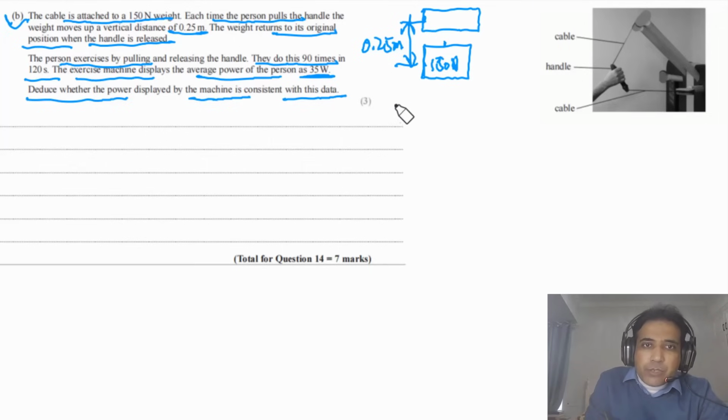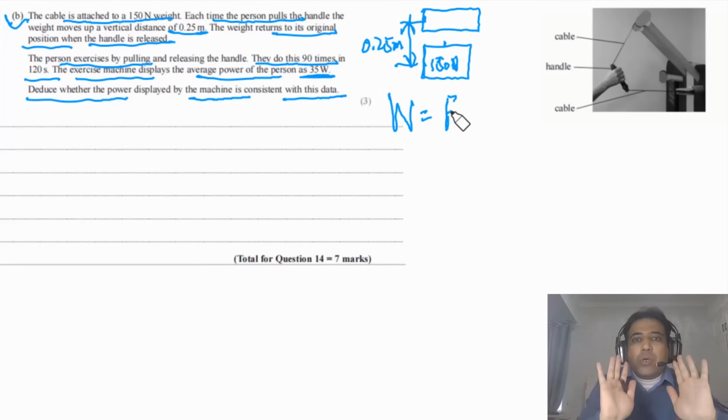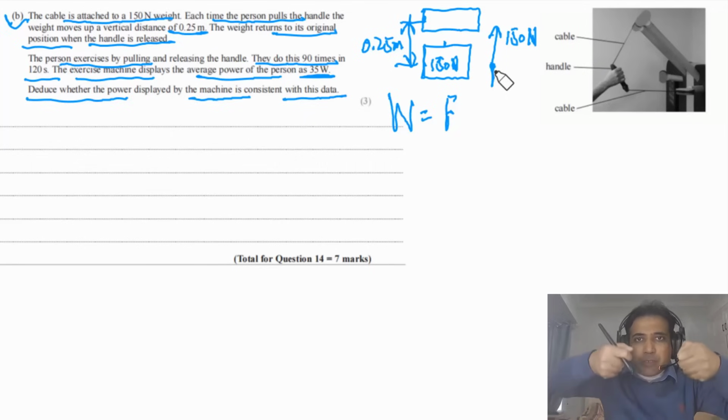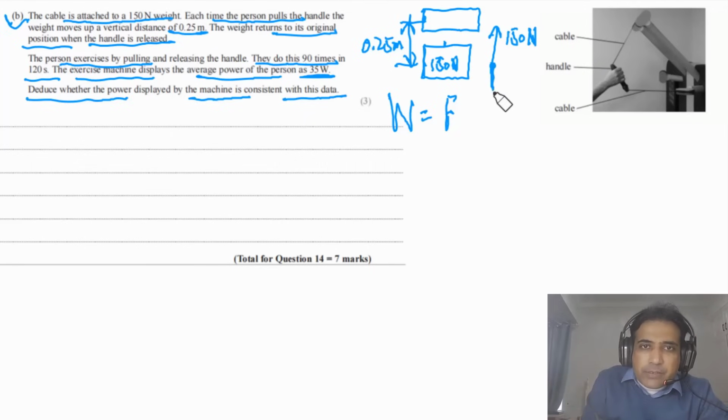In this case we can find, first of all, the work done. The person is moving with constant speed, so this is the assumption. The person is lifting this weight with constant speed. Constant speed simply means that the force applied upward is also 150 newtons, and the weight is acting down, 150 newtons.